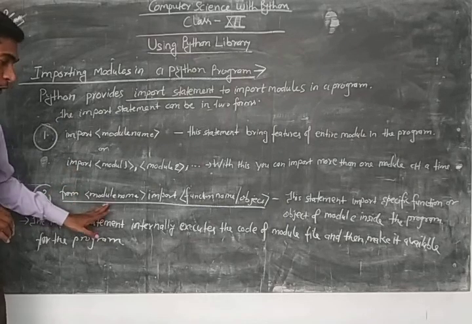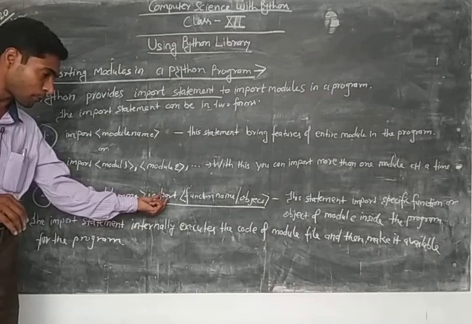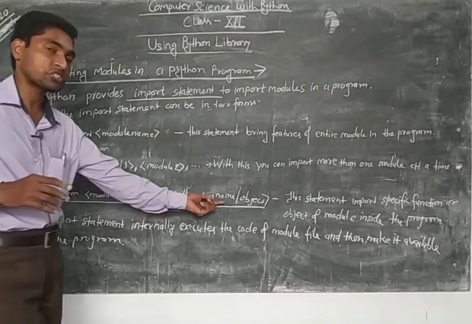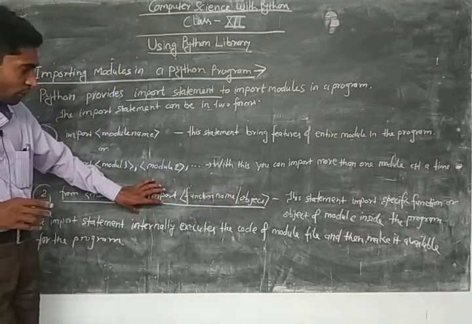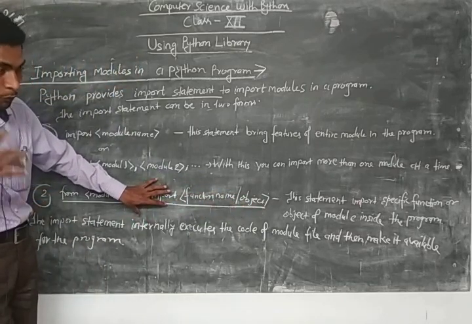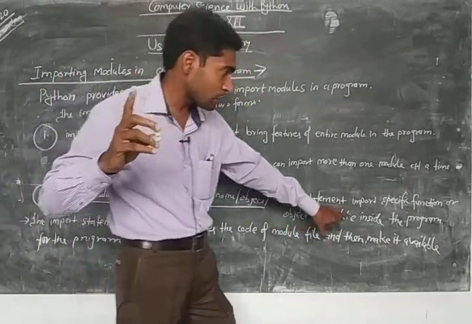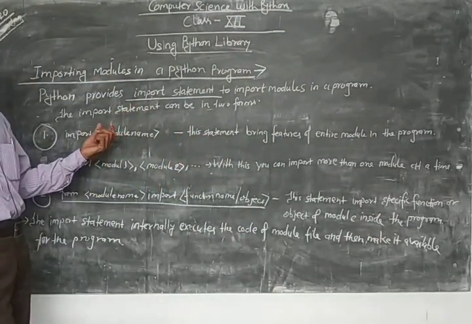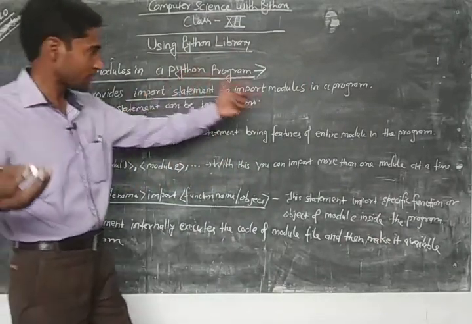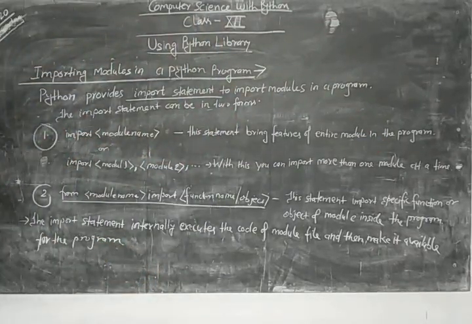From module name import function name, whatever you want. Alright, this format brings only a specific function or object from the module into your program, and the first format brings all functions and objects of the module into your program. This is the purpose of these two statements.